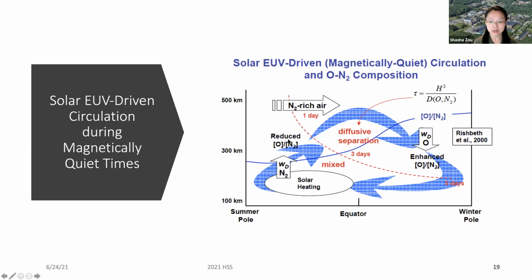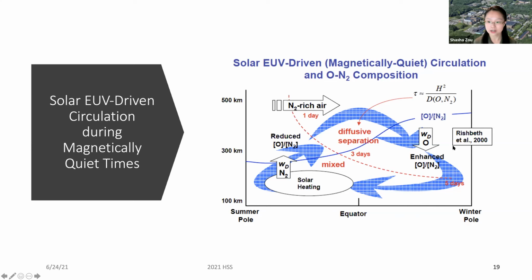This molecular-rich air expands to higher altitudes, and then it moves across the equator and descends into the winter hemisphere. So this seasonal large-scale thermosphere circulation is driven by the asymmetric solar heating conditions in the summer and the winter hemisphere.